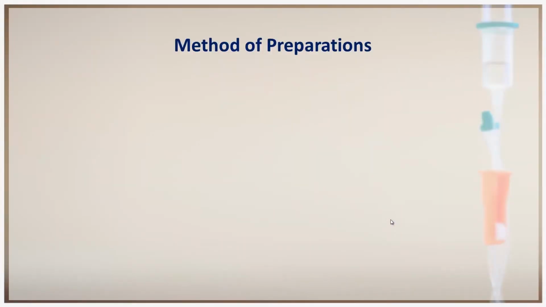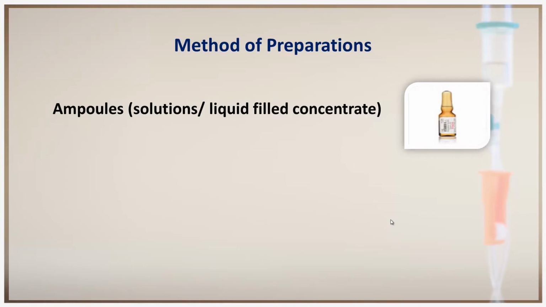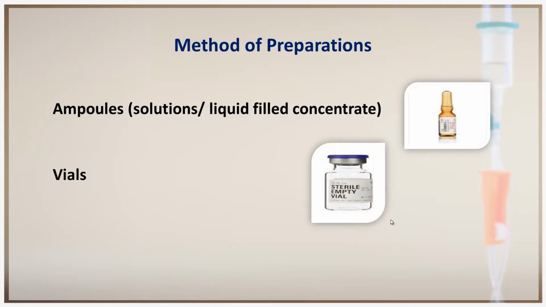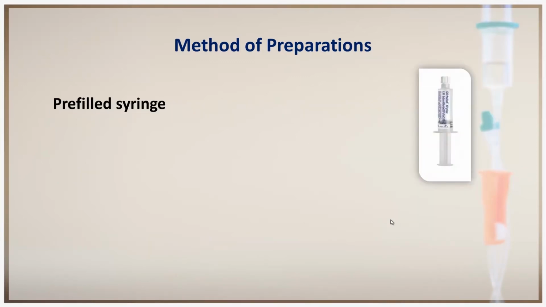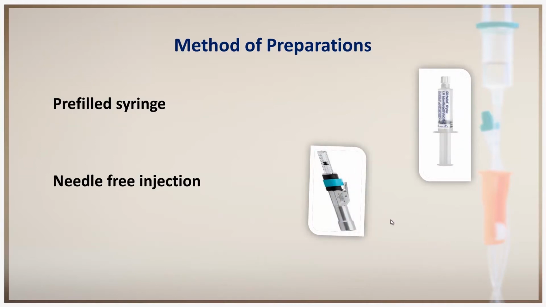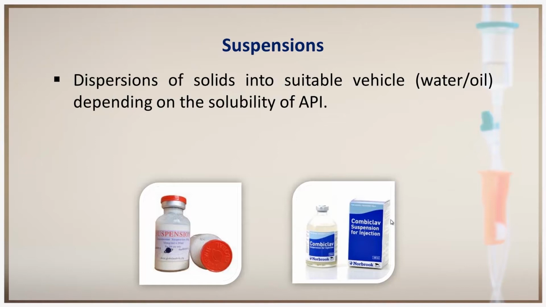Small volume parenterals include ampoules, solution or liquid fill concentrate, vials, plastic blow fill seal ampoules, pre-filled syringes and needle free injections. Now, suspensions. A parenteral suspension is a dispersion of solids into a suitable vehicle.